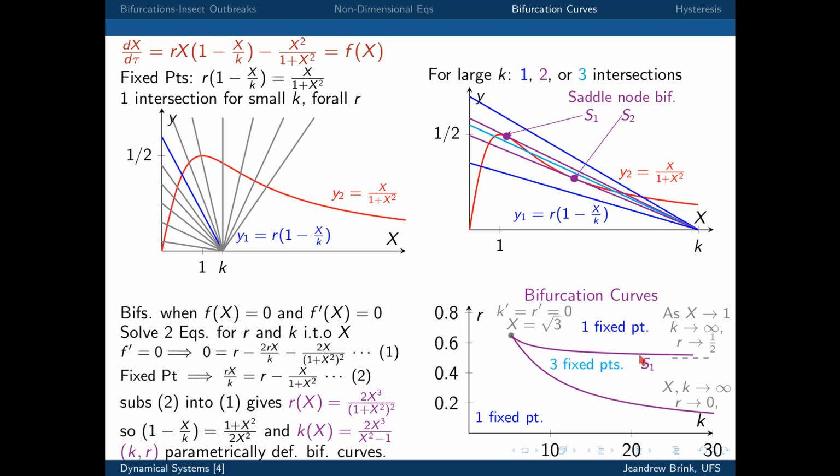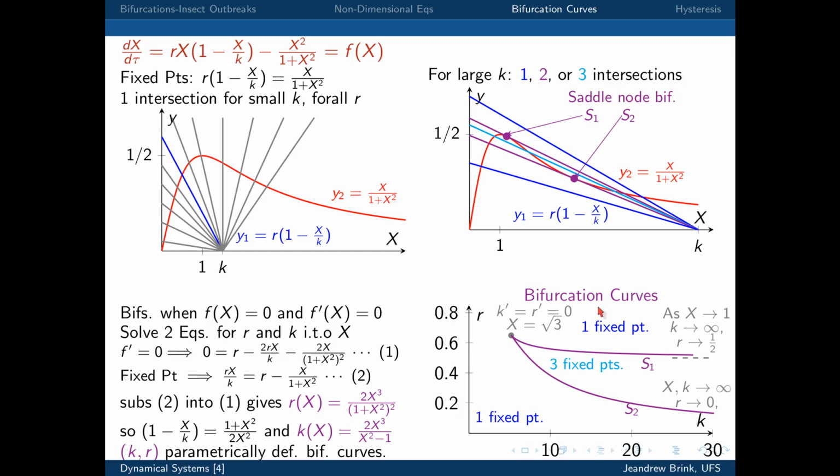These two curves over here are S1, basically that point for any x, and S2, which is this point over here. So these lines are the lines in parameter space in which you only have two fixed points. Given this bifurcation curve, this is now how the nature of the solution changes.